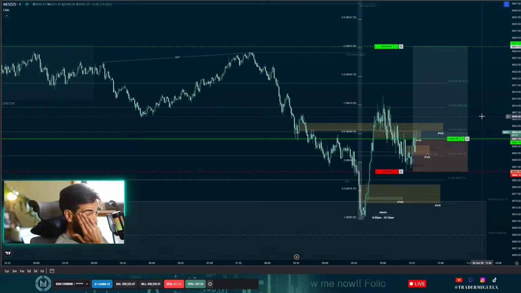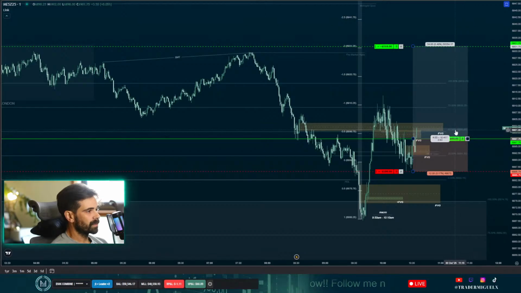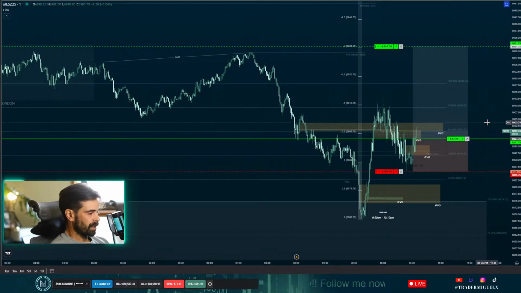So far, not looking bad. But I want to see the 50% of the daily wick to be suppressed.